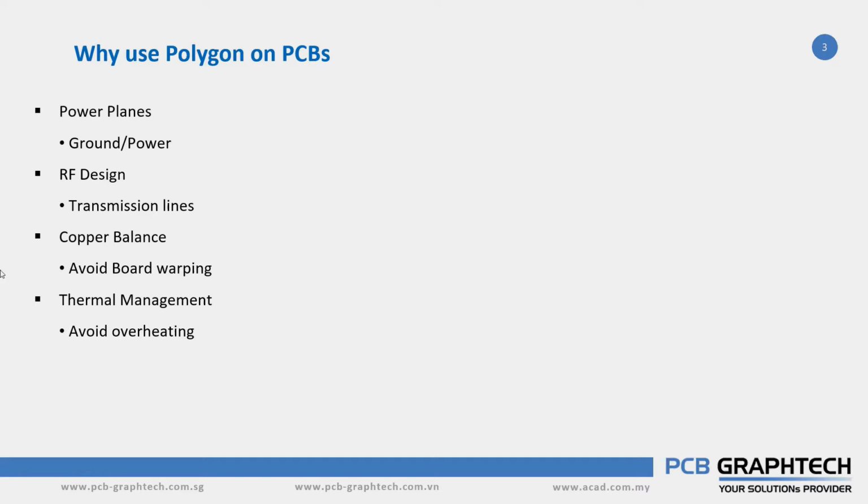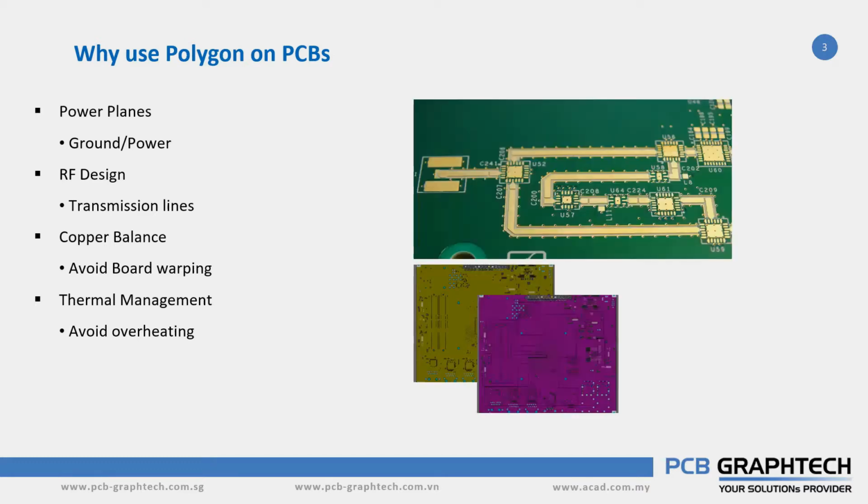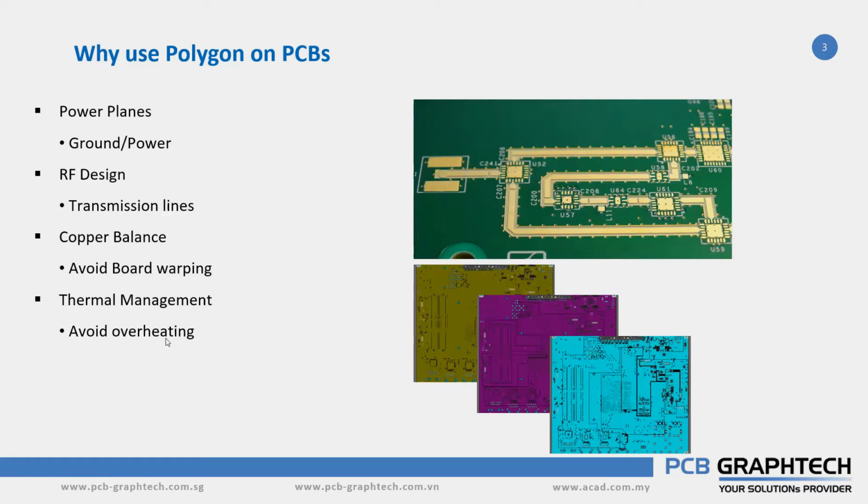And then the thermal management. Thermal management is mainly to avoid overheating. Normally the overheating occurs due to the components or due to the trace thickness. For example, in a high-speed design circuit, if the thickness of your trace is very thin, the signal passing through it will cause excess heat and it will damage the trace.